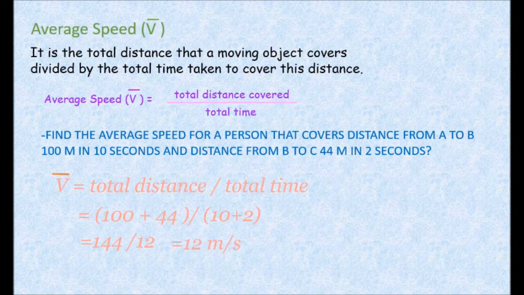So the final answer will be 12 meters per second. So the average speed for that person is 12 meters per second. It means that if that person moves the total distance, which is 144 meters, with a regular speed, its speed will be 12 meters per second.